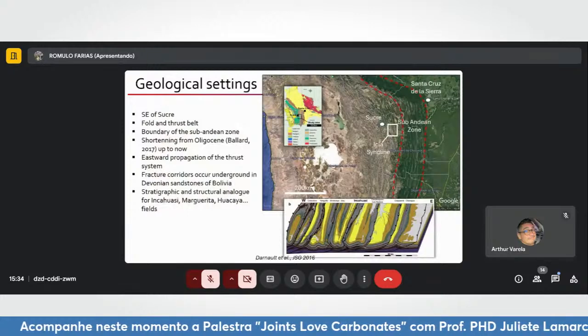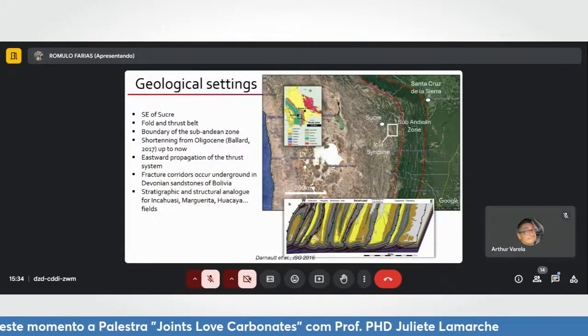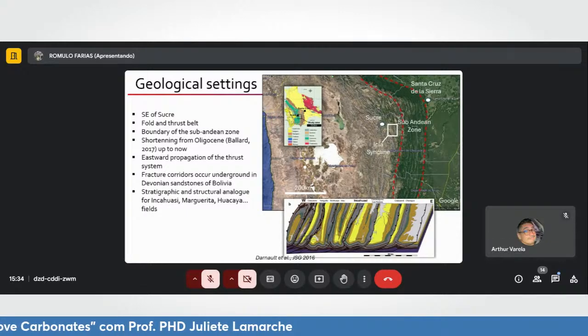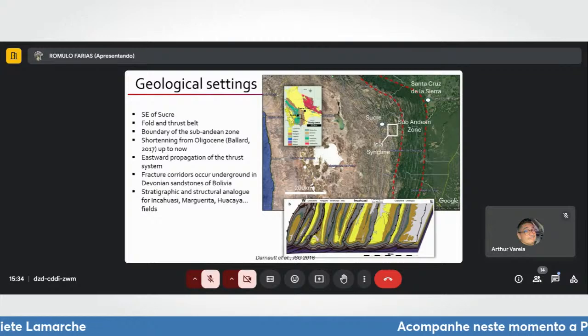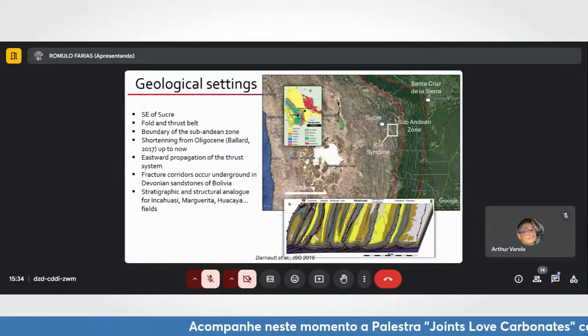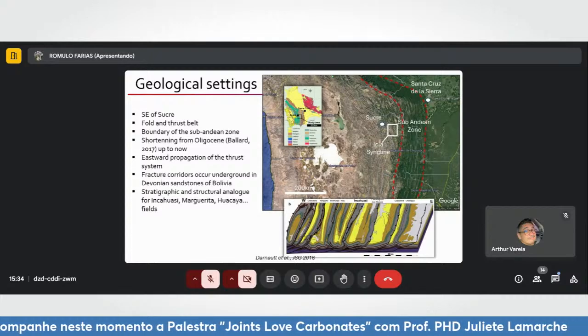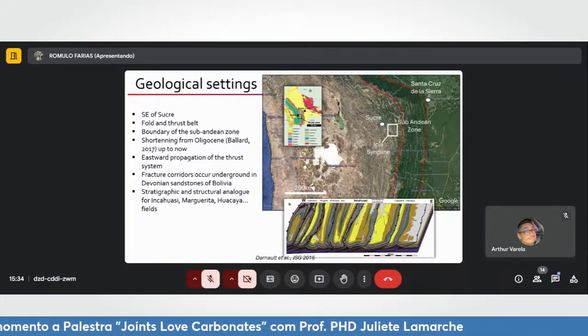I did a study in Bolivia, so it's not far from here. Here, more or less, is Brazil. And it's the fold and thrust belt of the Andes. And as I told you previously, we have here the Incahuasi fold, and there are a lot of reservoirs there, and they are full of corridors.